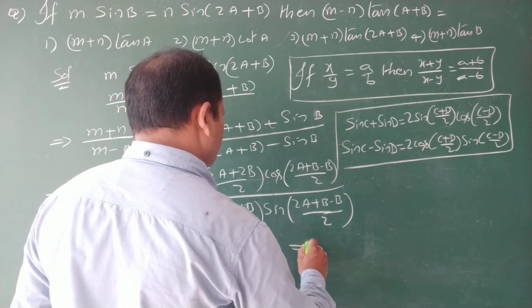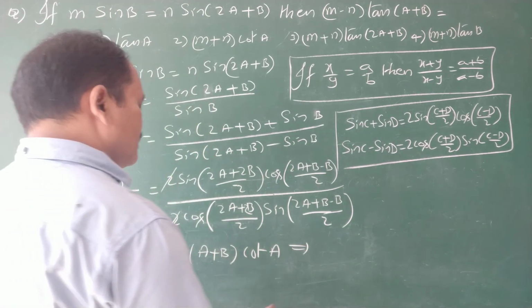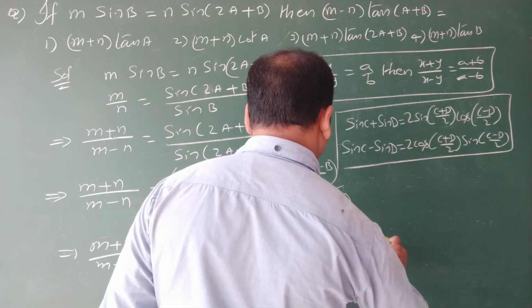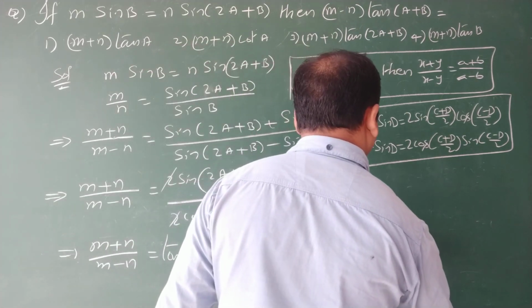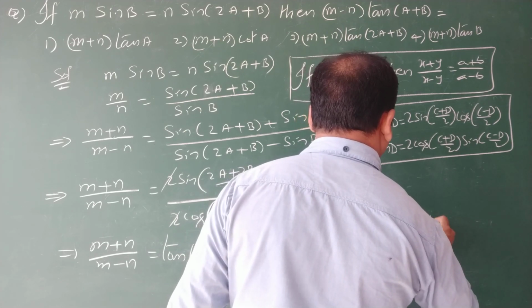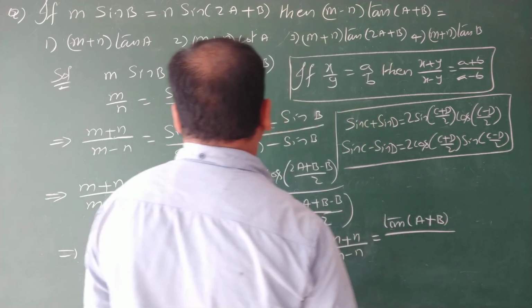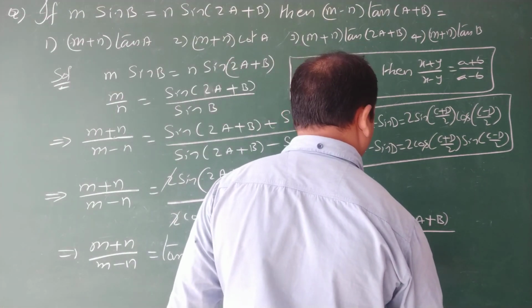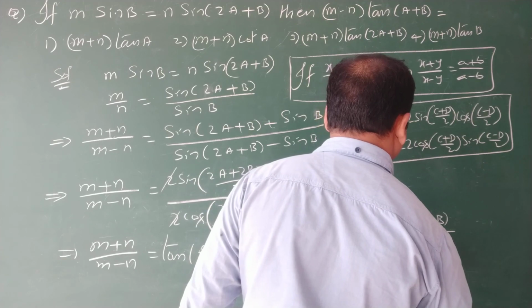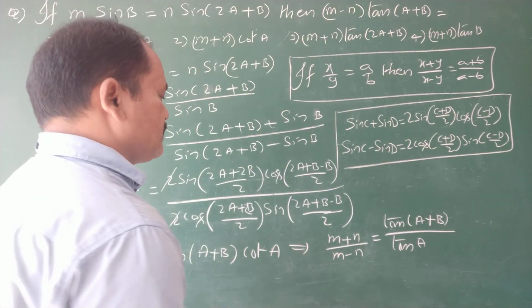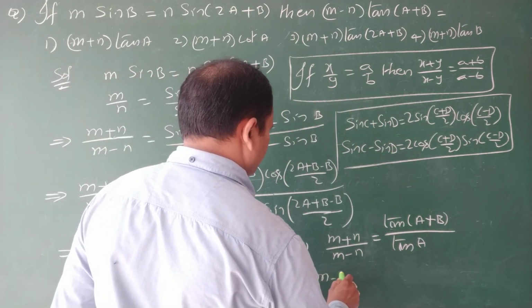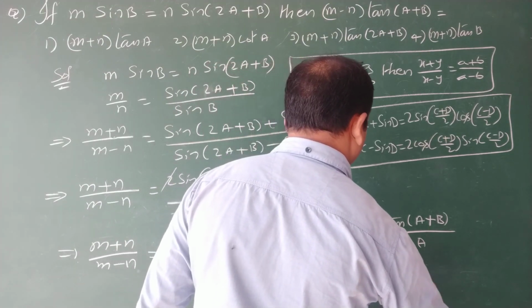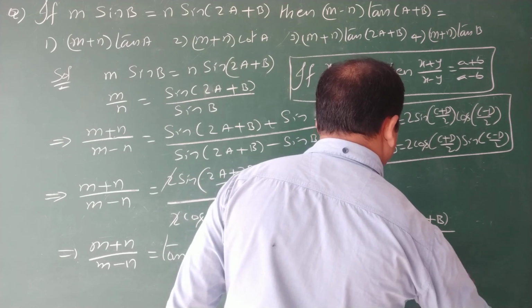Now m plus n by m minus n is equal to tan(a plus b) by cot a. Cot a we write as 1 by tan a, that's why it is in the denominator. Now apply cross multiplication, then (m minus n) tan(a plus b) is equal to (m plus n) tan a.